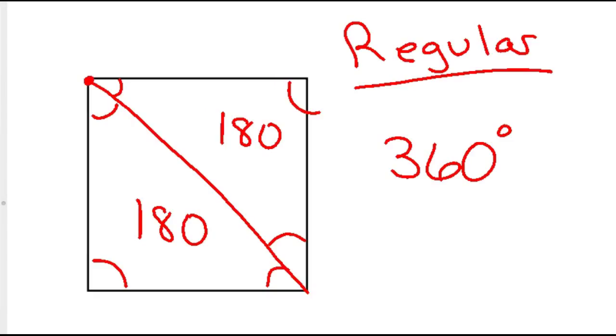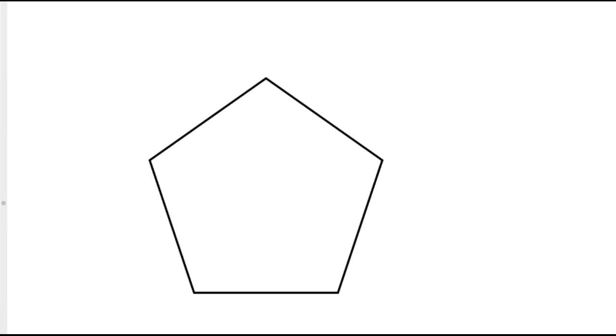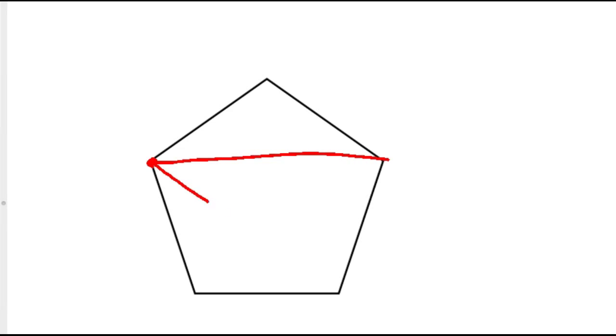So let's go to a shape that's maybe not as obvious, and that's a pentagon, the next one up. So here's a regular pentagon. All the sides and angles are the same. And what you'll notice about it is if you pick a vertex and draw in all the diagonals, which there'll be two diagonals, you create three triangles.